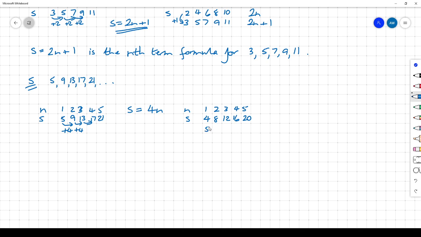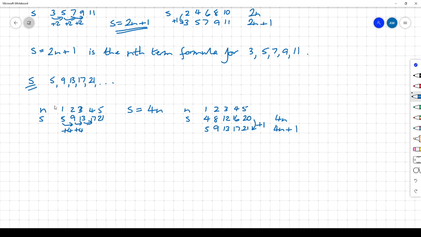So we're going to write the sequence underneath: 5, 9, 13, 17, 21. What's the difference? We need to add 1 again, don't we? So this was the sequence for 4n. This is the sequence for 4n plus an extra 1.